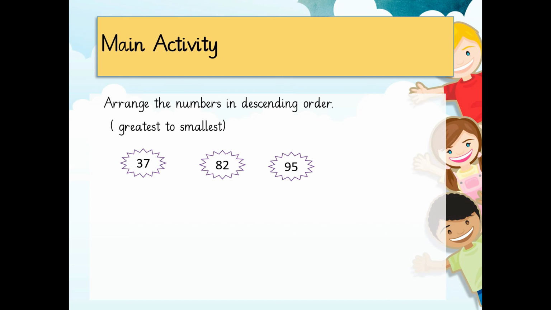So our 95 is the greatest number within these three. And the next number is 82, less than 95. And less than 82 is 37. So in descending order, how we will write it? Yes, 95, 82 and 37.